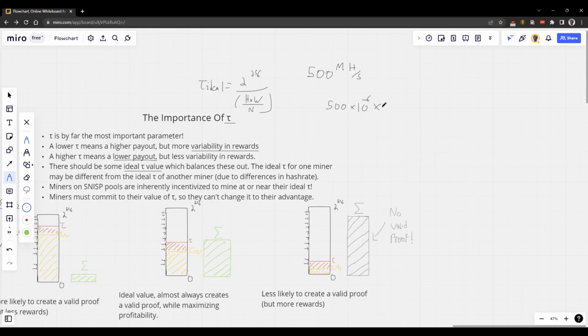Now if you multiply that by, let's say the window is going to be 3600 seconds, so 1 hour. So it's going to be 500 times 10 to the 6 times 3600 divided by n. And let's say n equals 10,000.